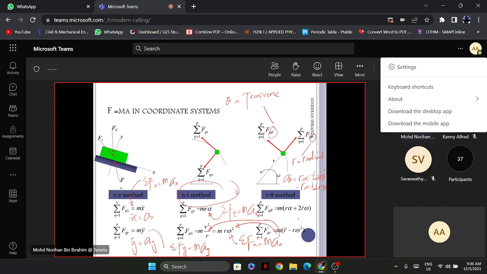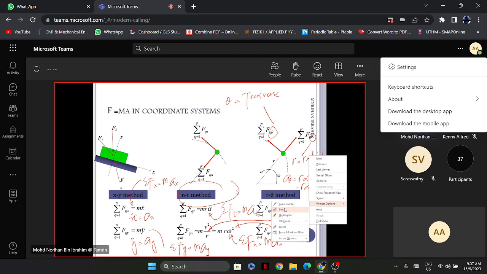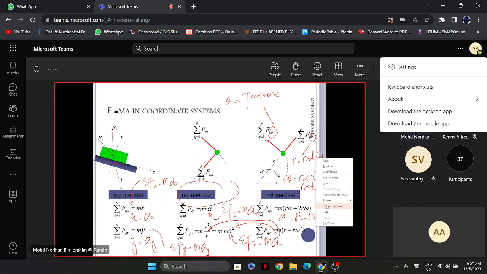Manakala, the radial acceleration a r, silap, is equal to r double dot minus r omega square.